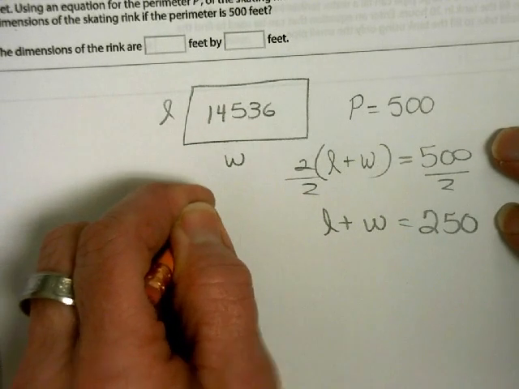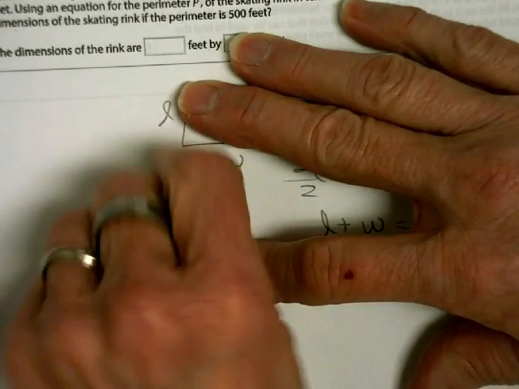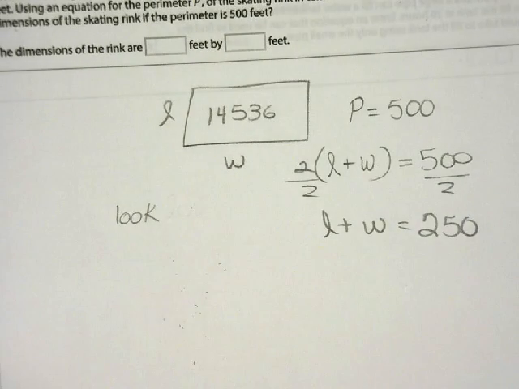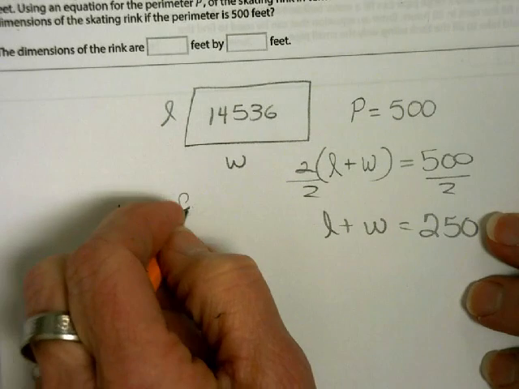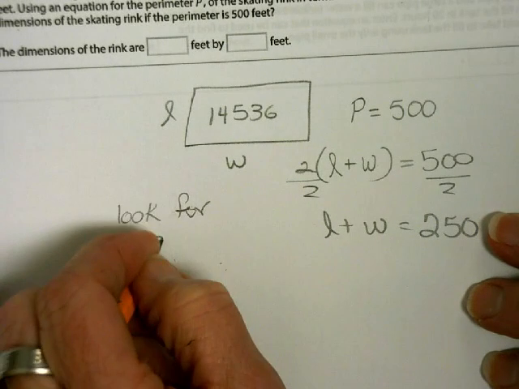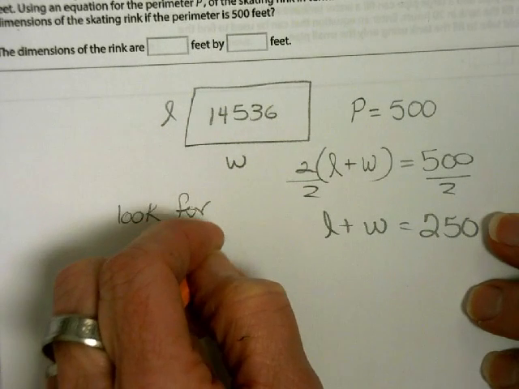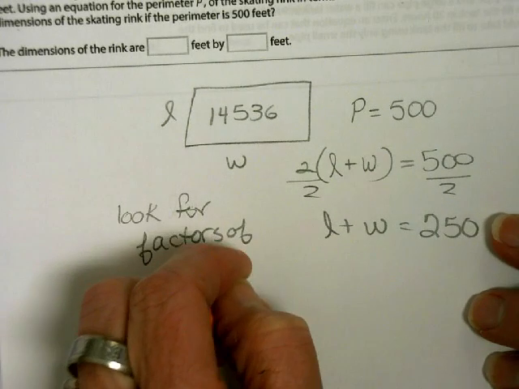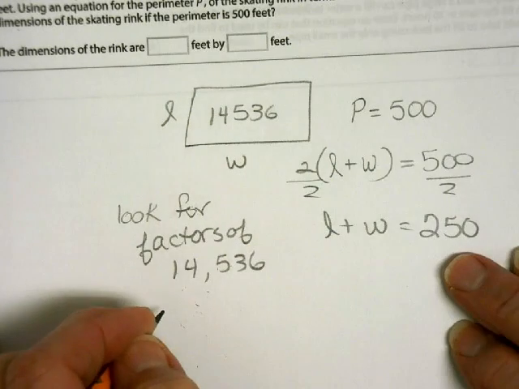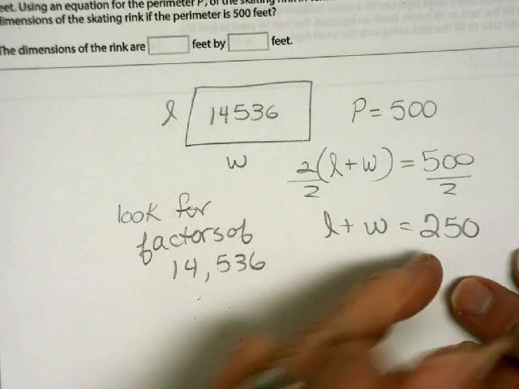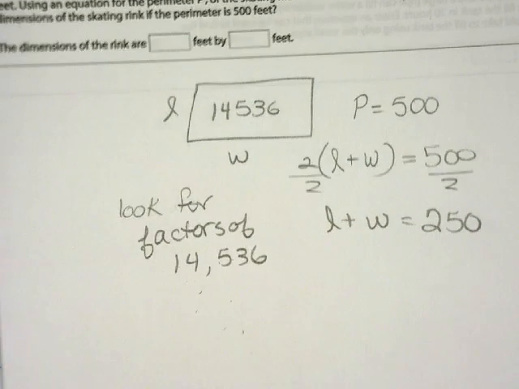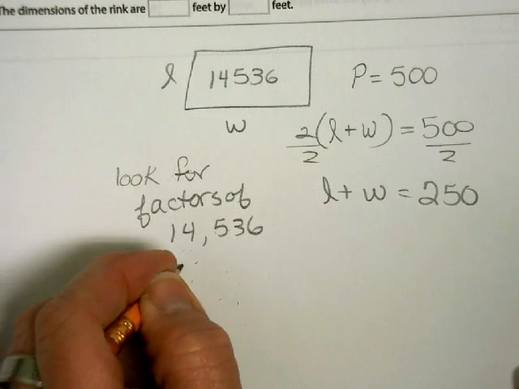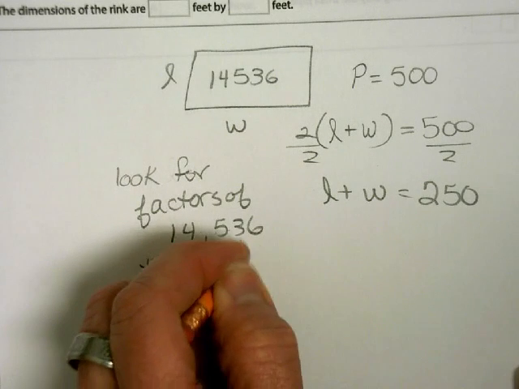So that's what you're going to do. It's a little quadratic, but we don't have to have a rational equation to solve this problem. And you see why I had to divide it by 2, because I want to know what they add up to, half of the perimeter, okay?